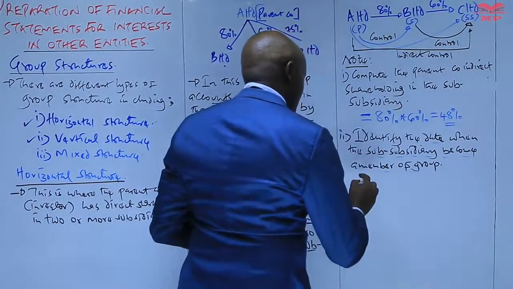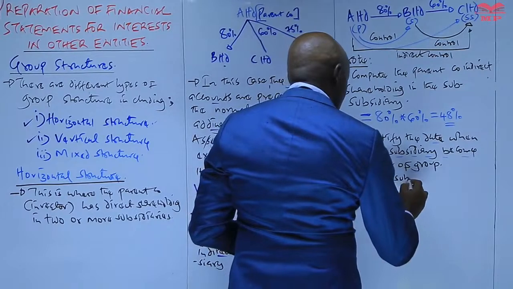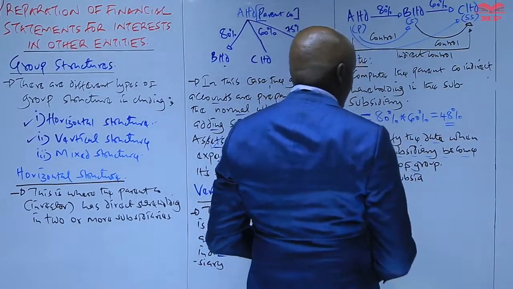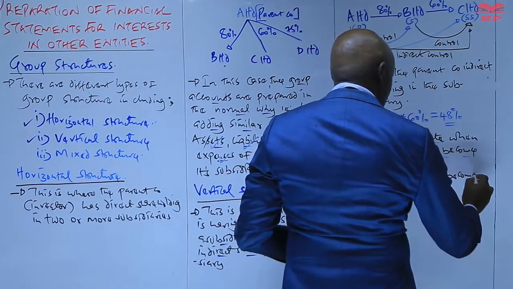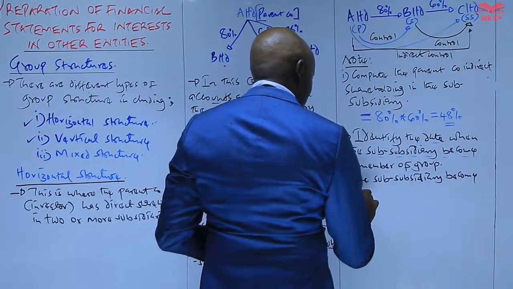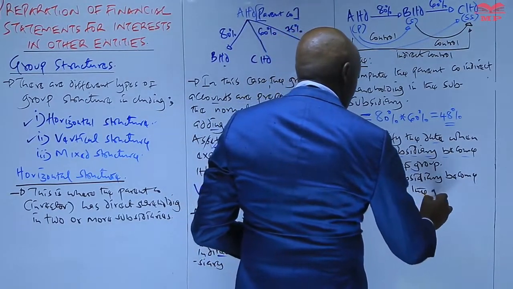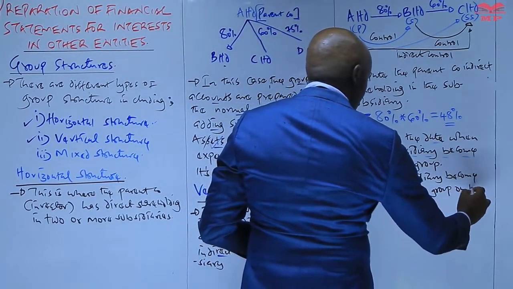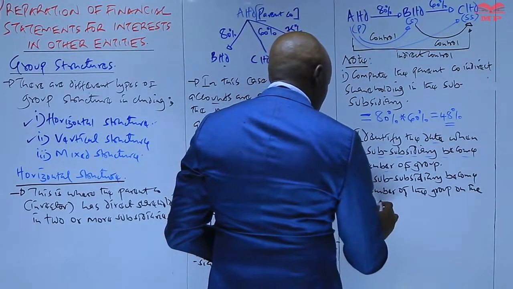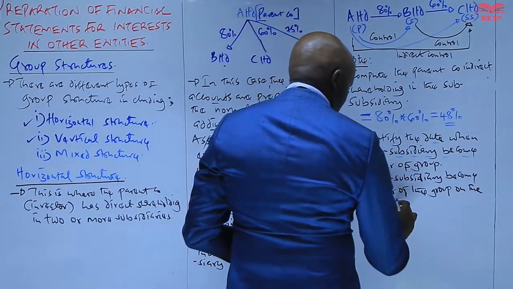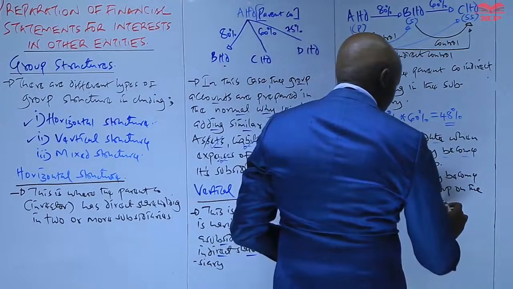So therefore, you can say that the sub-subsidiary becomes a member of the group on the later of the two dates, on the later of the two dates.